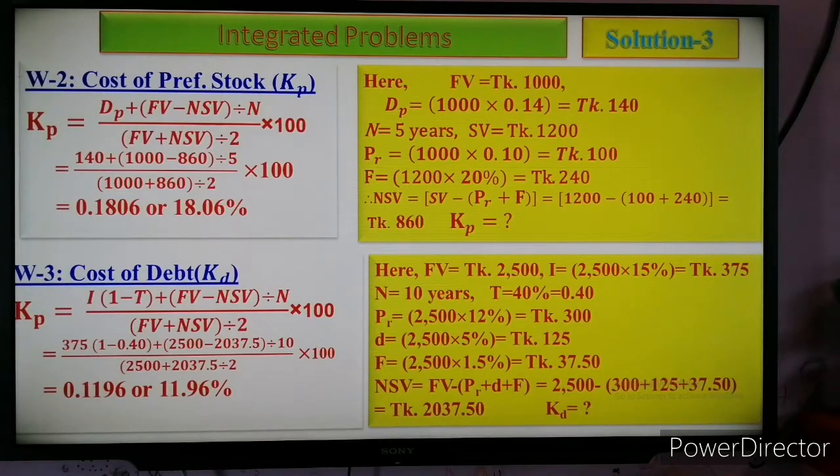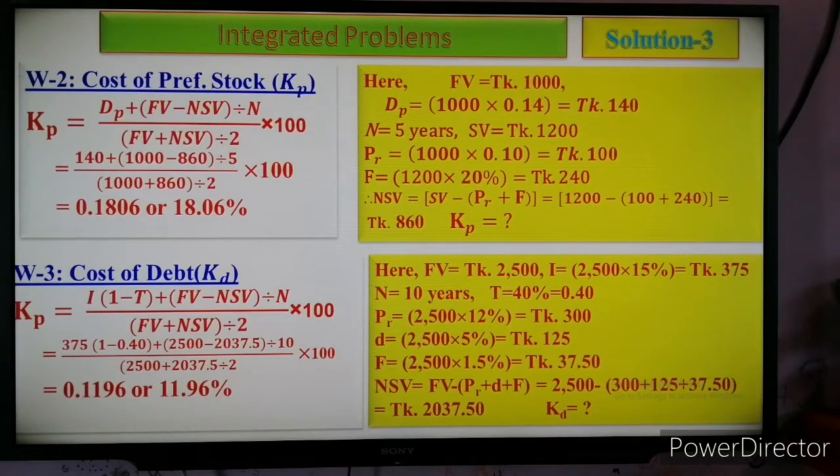And finally, flotation cost was 1.5% of face value, 37.5 taka. So NSB, there is no sales value, so FB minus (PRD plus F), so it will be 2037.50. So what will be KD? Applied in the formula, taken data from the side note, and we have found 11.96%.